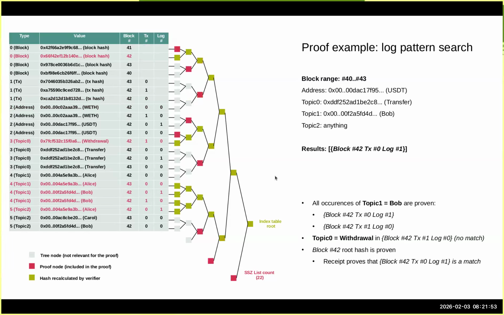So this is where we also prove things that do exist. This is a log pattern query, and we are looking for a USDT transfer from Bob to anyone, and that's our search. In this case, there is some room for heuristic optimization on the part of the prover, but generally it's a good idea to look for the least popular item first.